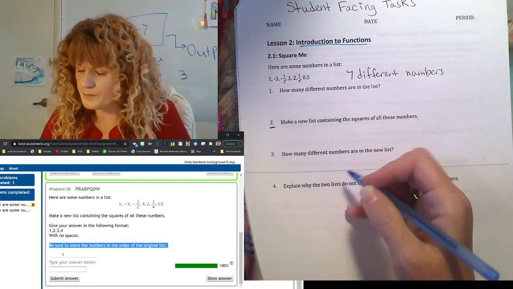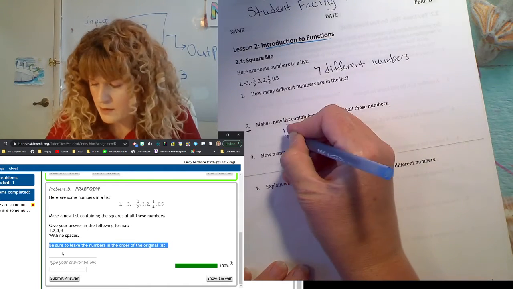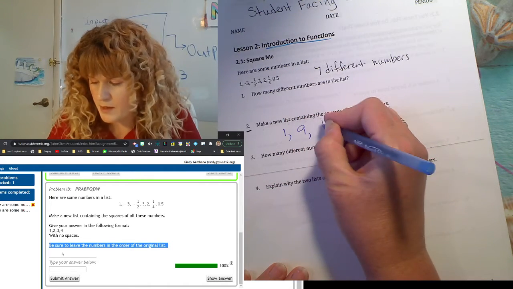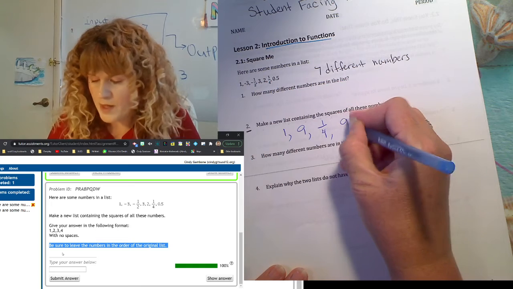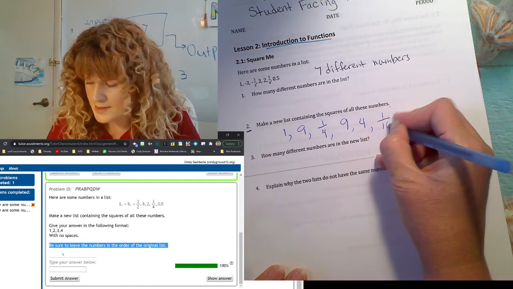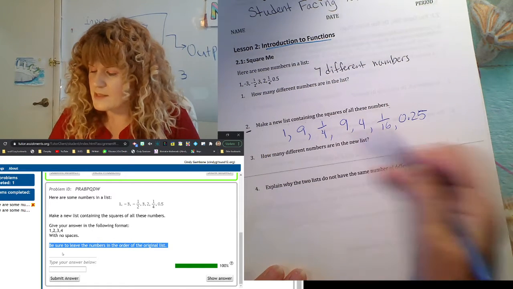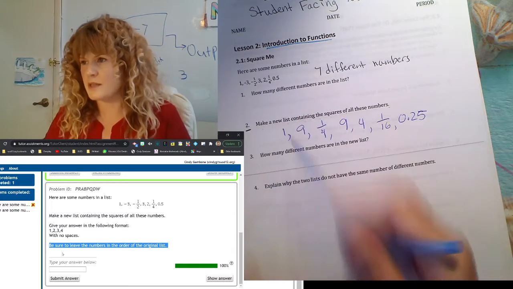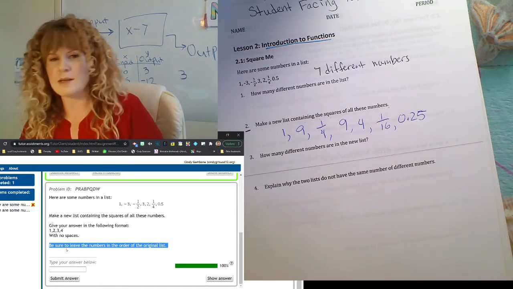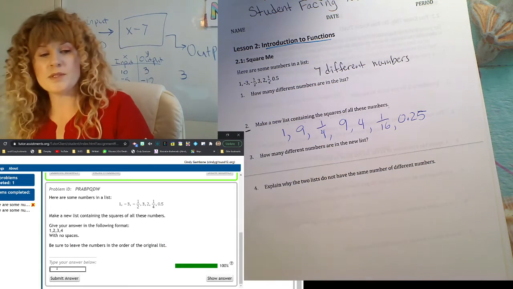I'm going to write that on the paper. So that's going to be 1, comma, 9, comma, 1/4, comma, 9, 4, 1/16, and 0.25. So that is the same order as the original list. Each number is separated by commas, and I'll type it in with no spaces.